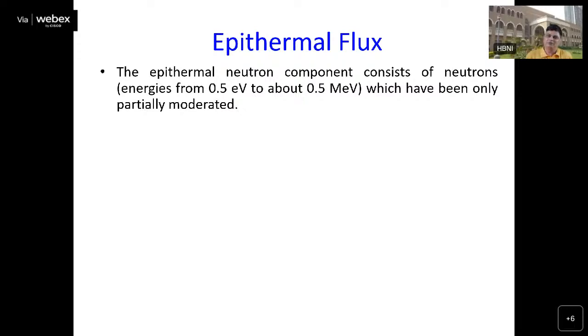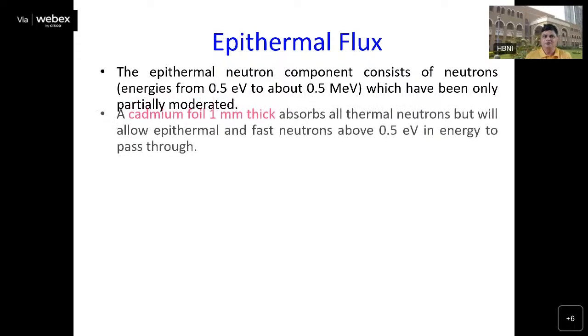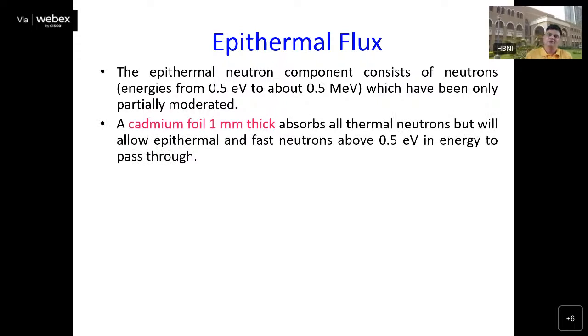Then come the epithermal fluxes. The epithermal fluxes range from 0.5 electron volt to 0.5 MeV, and they are only partially moderated. Generally, when we irradiate the samples, how do we avoid the thermal flux? Thermal flux can be avoided by putting your sample in a cadmium foil.